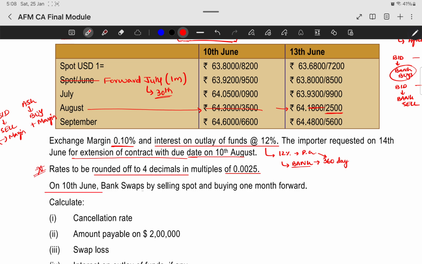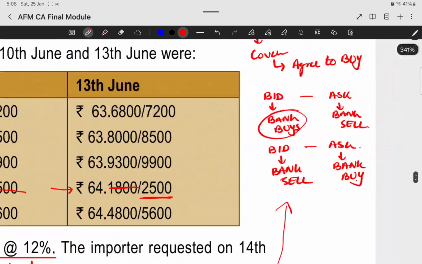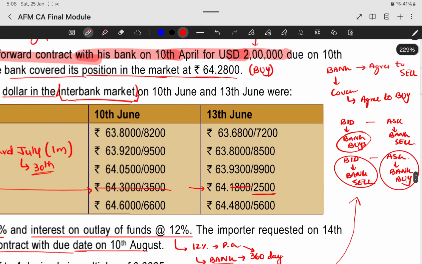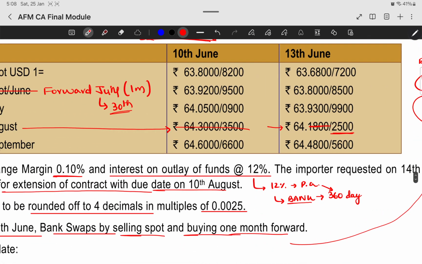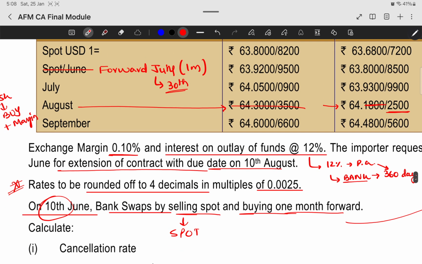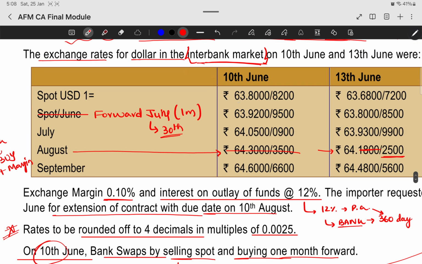On 10th June, the bank swaps selling spot and buying 1 month forward. Again, connect this to the points I was making here. The same idea. The bid is where the bank will sell, and the ask is where the bank will buy. Now, the main idea is to identify what is selling spot. Spot on what date? 10th day. The 10th day spot rate of selling would be this rate.